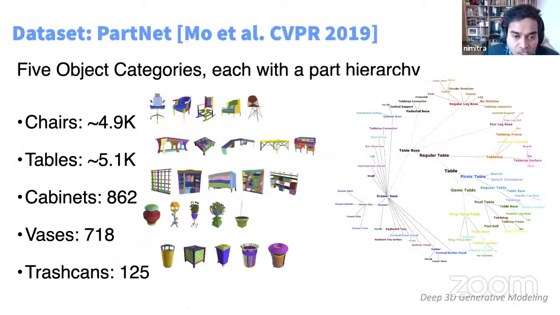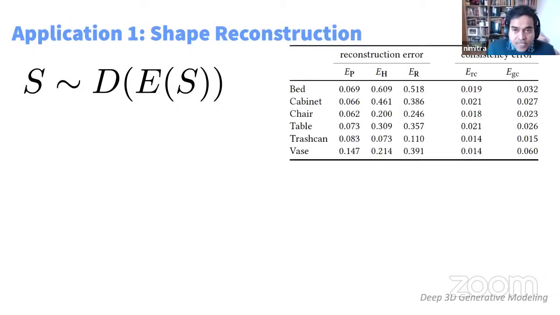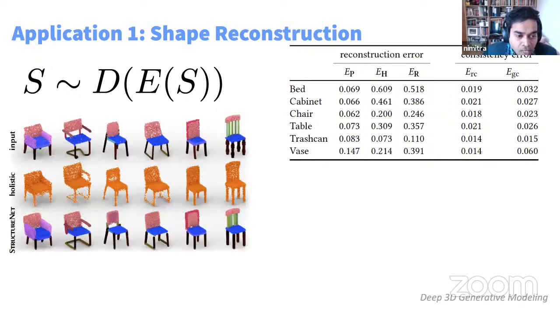So we tested it on the PartNet dataset, which is a geometric dataset with lots of geometric parts annotated along with the hierarchy given. And this hierarchy was the essential part to enable the algorithms. So the first question is how well does the reconstruction work? There's a validity of the method, and we indeed have very low reconstruction error and consistency error, as we see here.